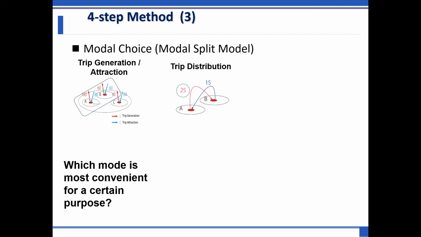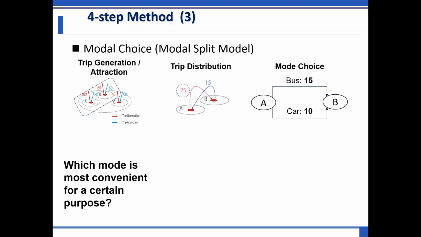How many trips go between these zones? In this figure, 25 trips are made from A to B. Among these 25 trips, how many persons come by bus and how many come by car? This is a mode choice, the so-called modal split.